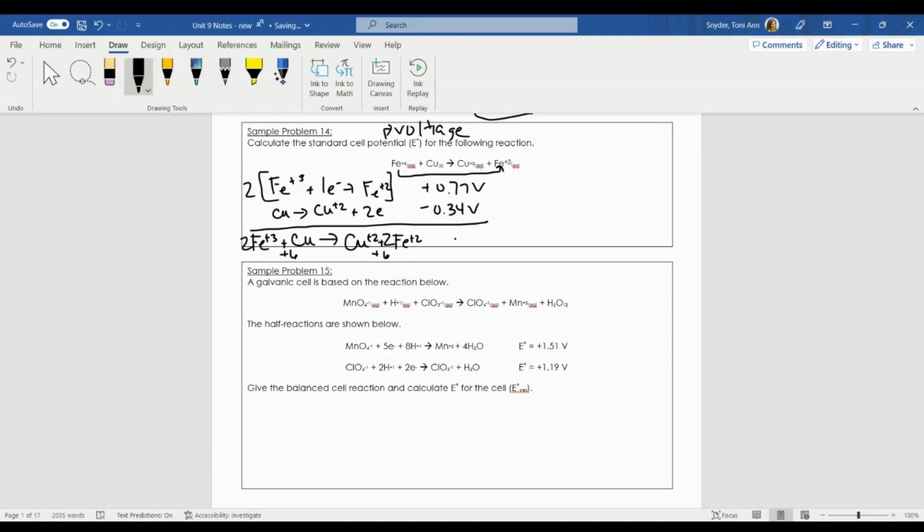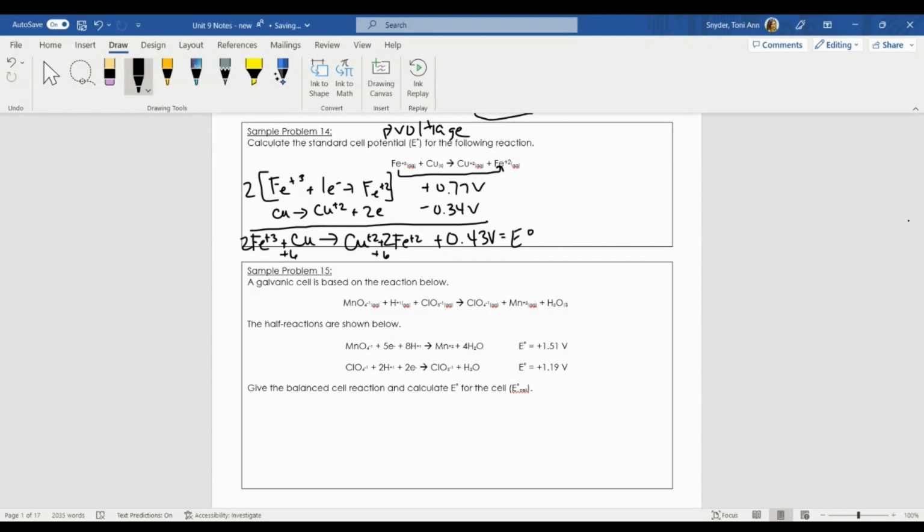This equation is now balanced. And my E naught, or my standard cell potential, would be 0.43 volts. So that equals E naught, standard cell potential, positive. Not a very good galvanic cell because it's not producing that much voltage.